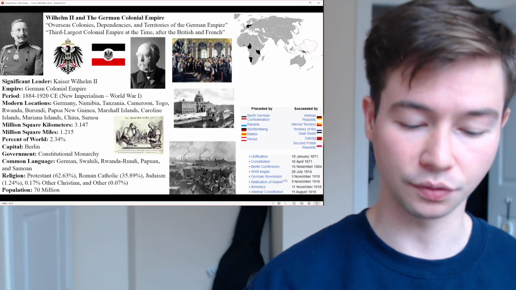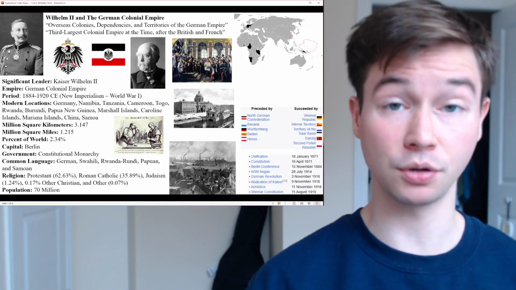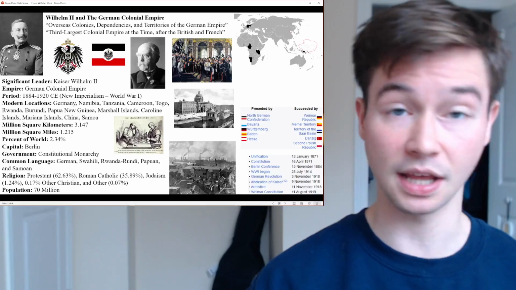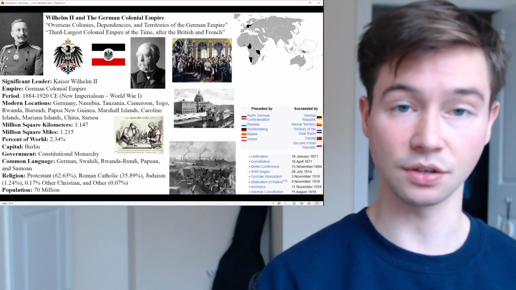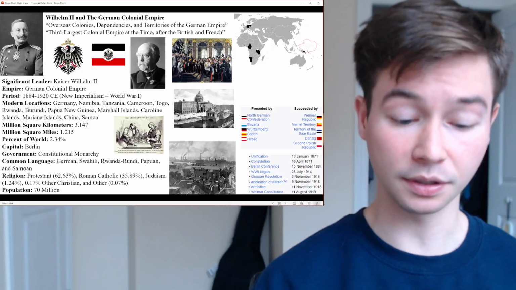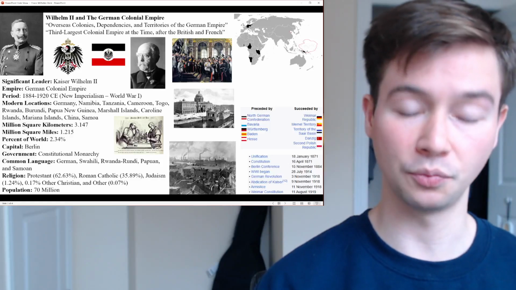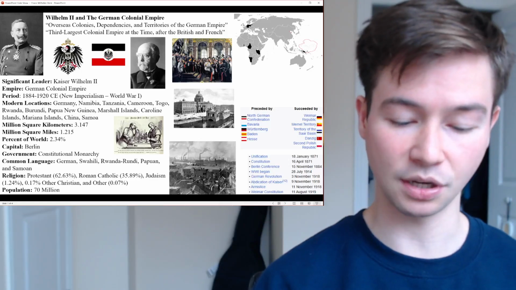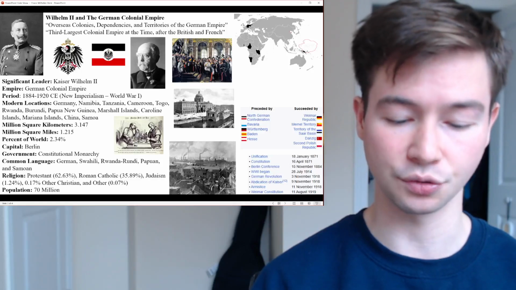As for his controversial leadership, Wilhelm's leadership style was often impulsive and erratic, leading to several diplomatic and military blunders that undermined the empire's stability and his own personal control. Notable events during his reign included the Herero and Namaqua genocide, as mentioned, where Wilhelm sanctioned brutal methods to suppress resistance in German Southwest Africa, resulting in one of the first genocides of the 20th century.